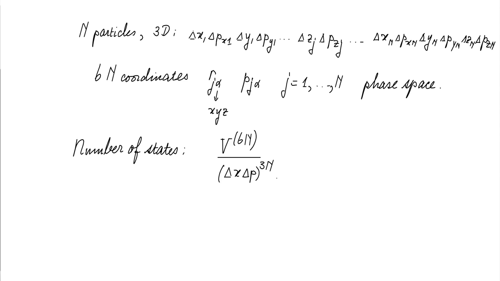Obviously, if we do this, it seems that we get some arbitrary number because the delta x and the delta p were not fixed. But fortunately, Heisenberg, a great quantum physicist, has imposed a fundamental limit on delta x times delta p, because these two will not go below h, which is Planck's constant. So delta x, delta p, they should always be greater than order h, where h is Planck's constant.